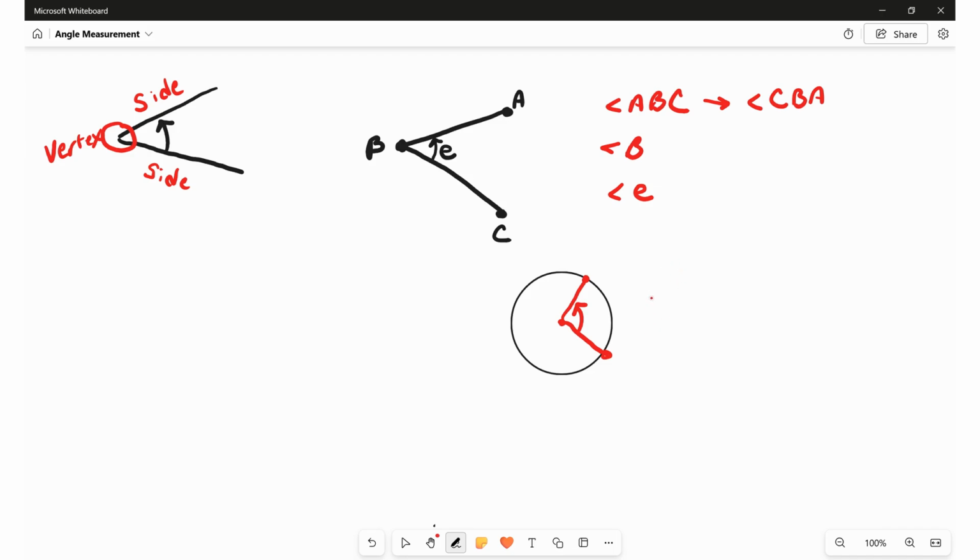But so in degrees, the total degrees in a circle are 360 degrees.